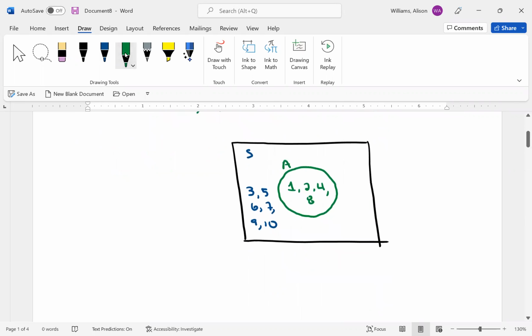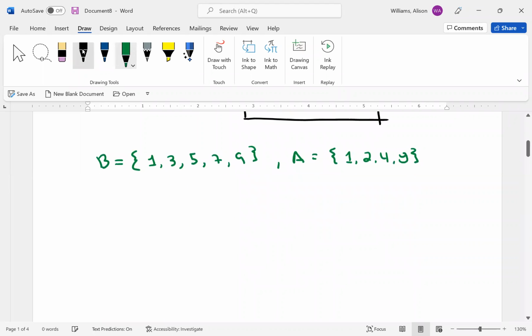So let's then create a new set. Let's call this set B. And let's say B is, how about the odd numbers? Okay, so let's now look at the universe with A and B in it. Here, let me just rewrite A, even though I have it in that picture, because I just want to reference it here.